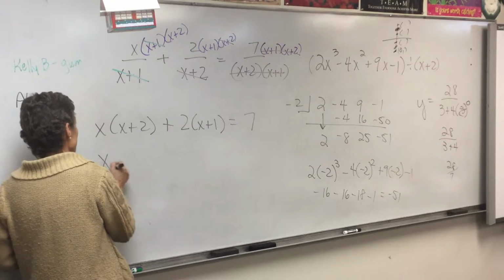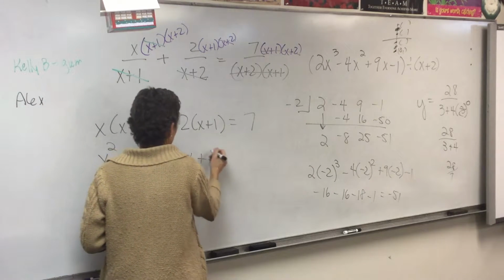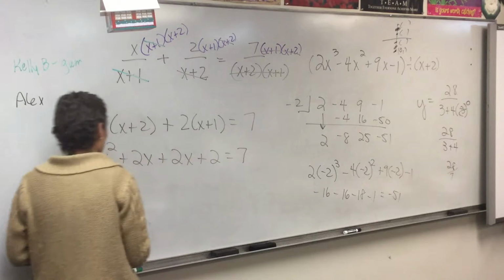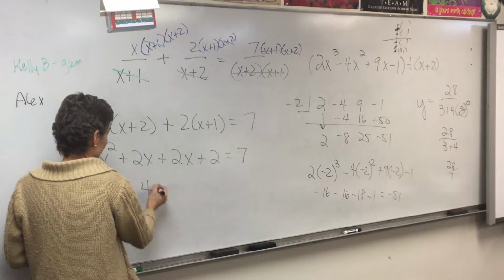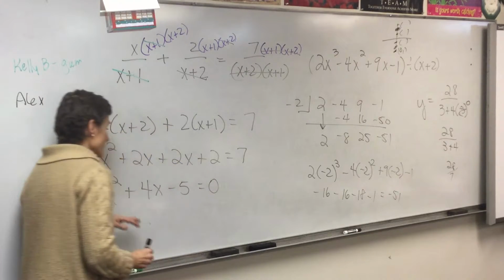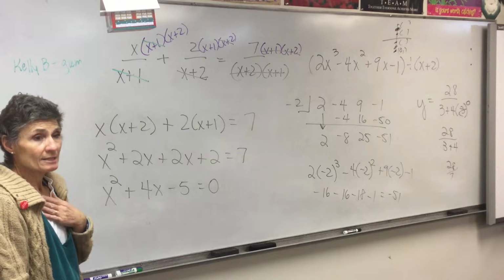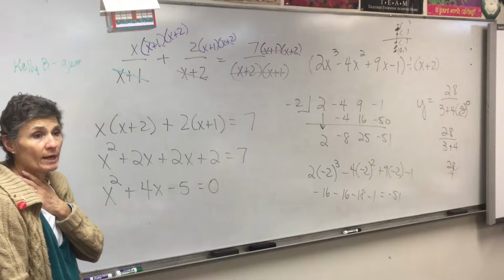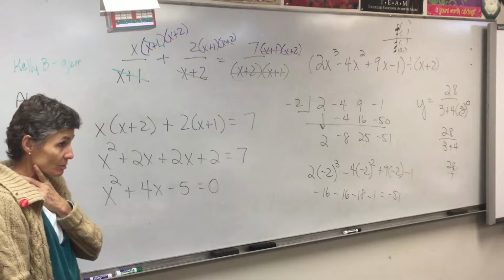So we'll do our distributive. We'll collect like terms and get the equation set equal to 0. It is a quadratic equation. You have lots of ways to solve quadratic equations, but we always get them set equal to 0.